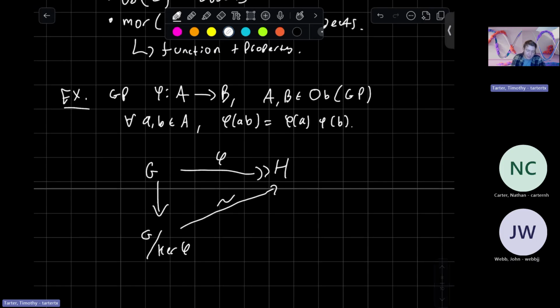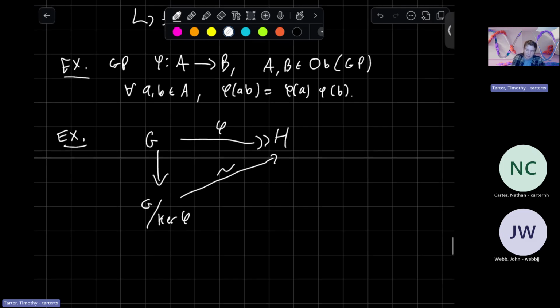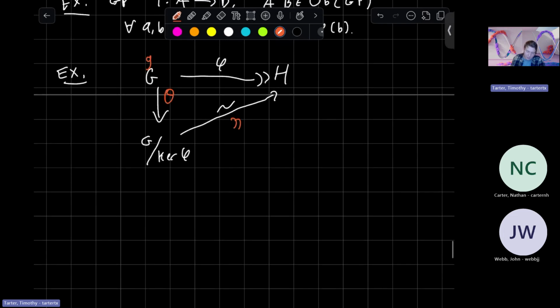So this is an example of a commutative diagram. And what it really means is that if you have something in G, if we call this map phi and we call this map, no, let's not use phi, let's use theta, and let's use eta, we should have that phi of g is equal to eta of theta of g.